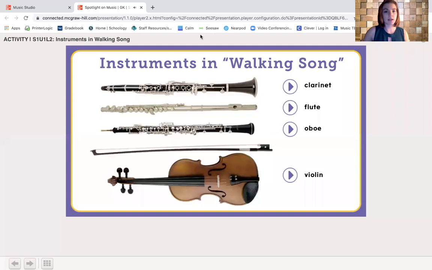Okay, this next one here is the flute. We have the oboe, and we have the violin. And I'm going to let you listen to what all of those sound like. Here is the flute. Flute.